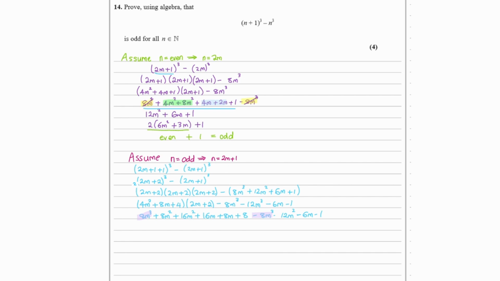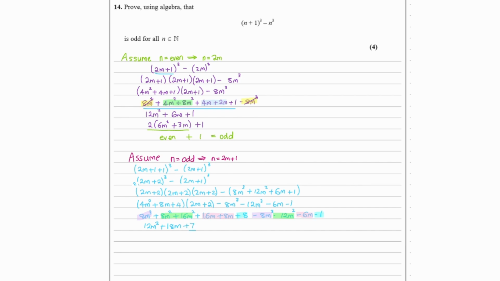Looking at the terms that have m², we've got 8m² + 16m² − 12m², which would give us 12m². We've then got the m terms, so 16m + 8m would be 24m, minus 6m would give us plus 18m, and then we've got the plus 8 minus 1, which would give us plus 7.